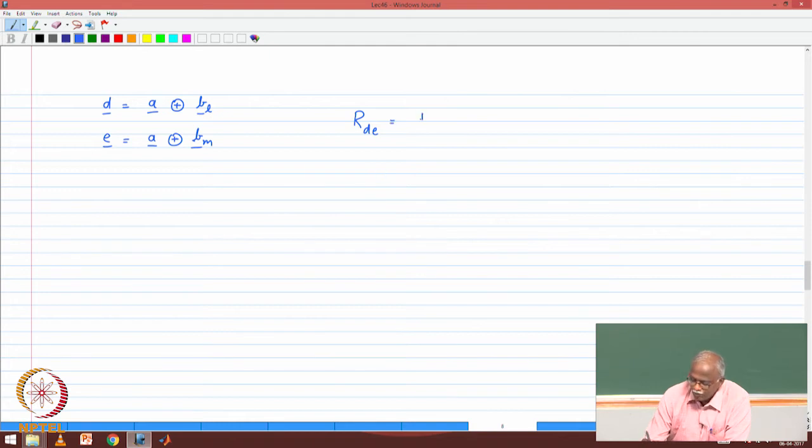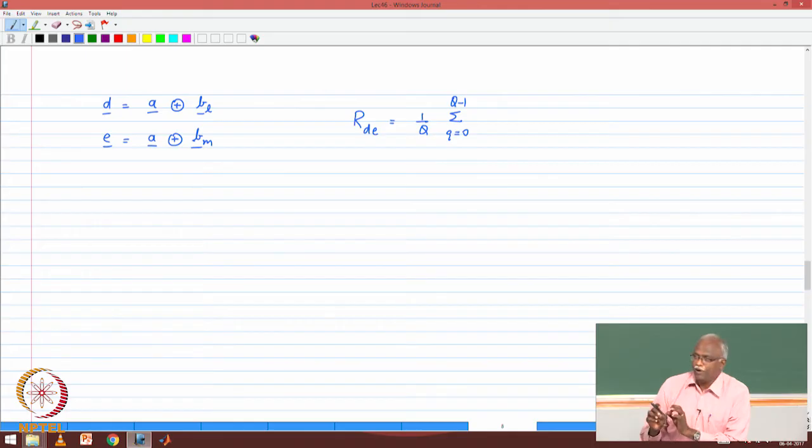So this would be 1 by Q summation, q is equal to 0 to Q minus 1. I can write it in one of two ways. I can write it in the bipolar form, or I can write it in the binary form.